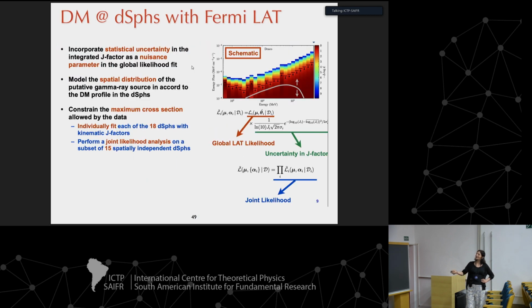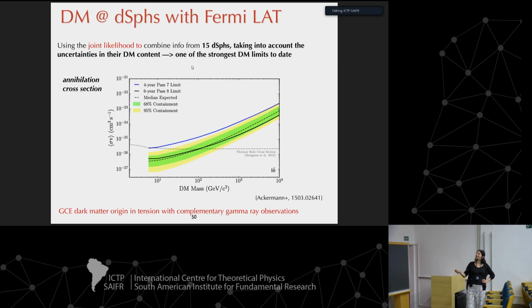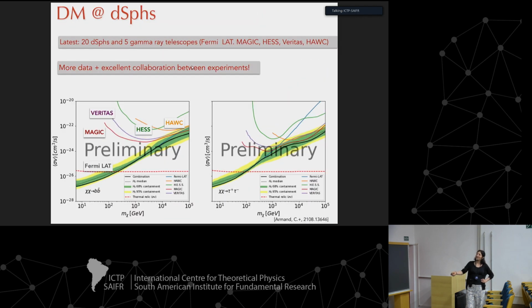This likelihood was summed over dwarfs and summed over telescopes, and basically made the up-to-date limits from dwarf targets on the thermal cross-section. When you do this joint likelihood, you improve. The dotted line would be Fermi alone, I guess.